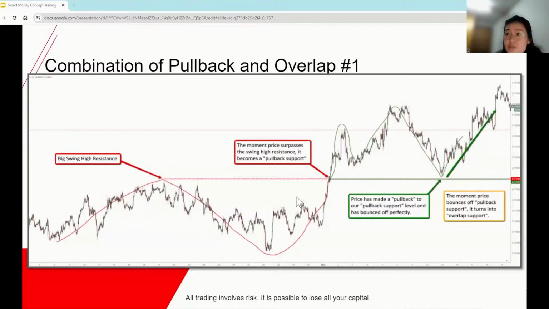So we're expecting it to pull back to this level here. So price has made a pullback to a pullback support level and has bounced off of it perfectly. And once price bounces off the pullback support, it then becomes an overlap support.